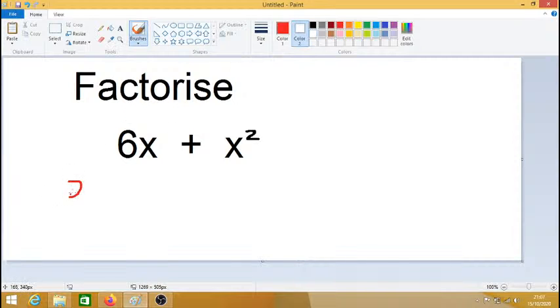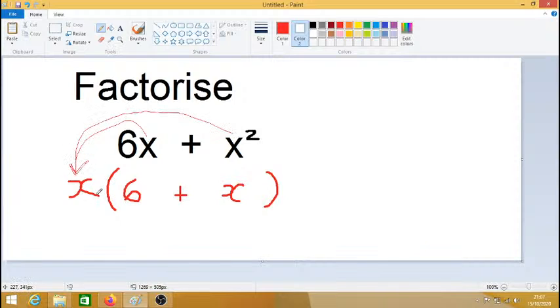So we'd have x, and then how is x the common factor? Well, x can make 6x by timesing by 6, so we'll need a 6 here, and to make the x squared we'd have to have x. So the common factor was the x that was pulled to the front from the 6x and the x squared.